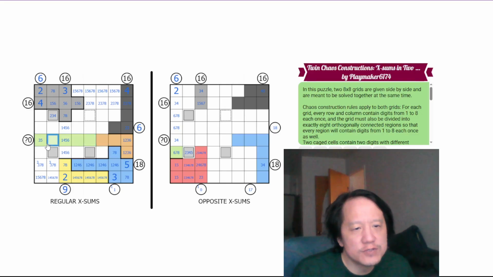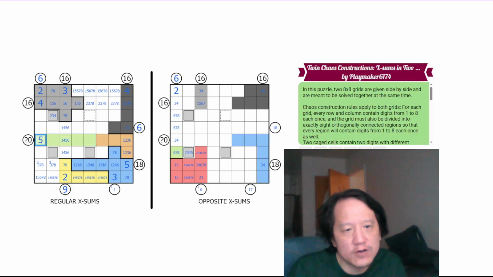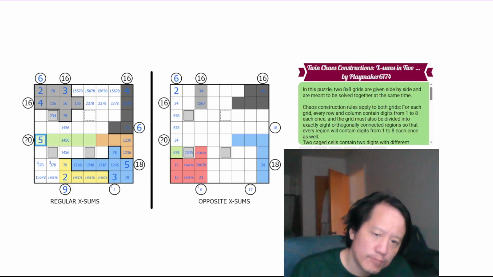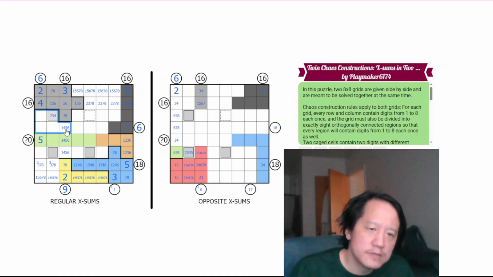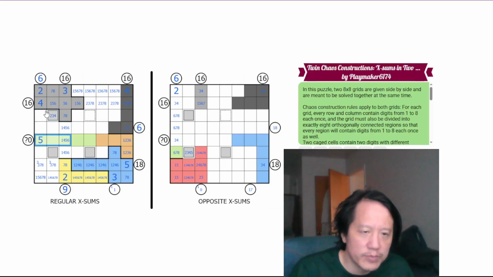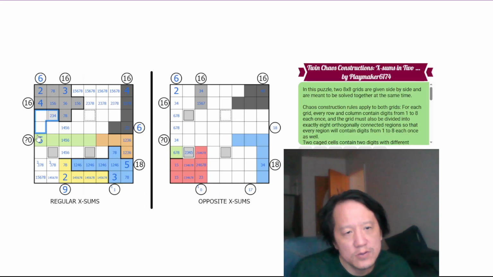If we have, so say we had 5 here. Then this cannot be part of green because there's too many cells here. I guess you could have 3 here. That could potentially be still green.